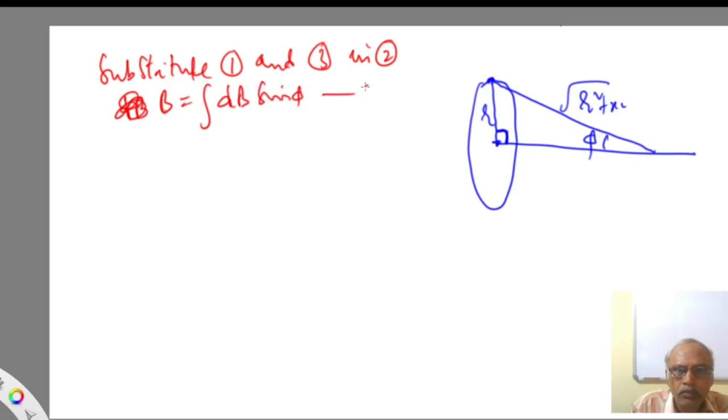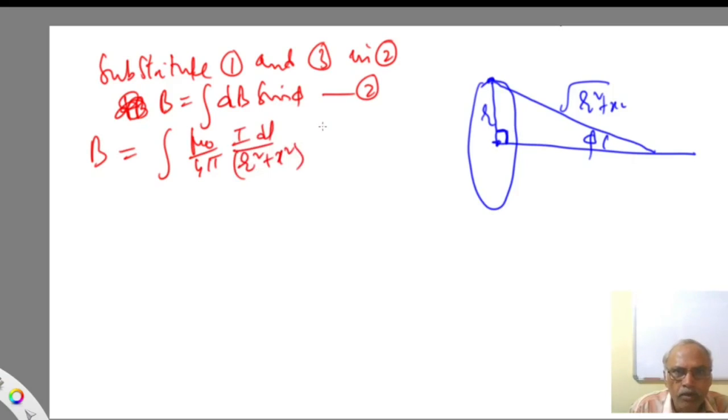This is equation 2. Now if you substitute, B is equal to the integration of dB, which is mu naught by 4 pi I dl by r square plus x square, and sin phi is opposite side, r by root of r square plus x square.